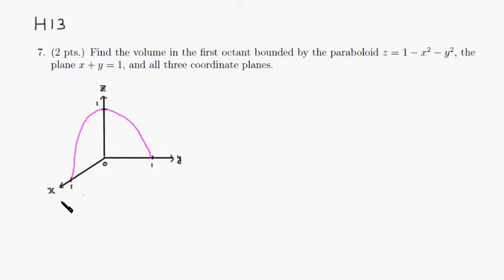Then you're cutting by the plane x plus y equals 1, which looks like this. It's a straight line here, so that cuts the xy plane like this. And then you have a plane that looks like this.